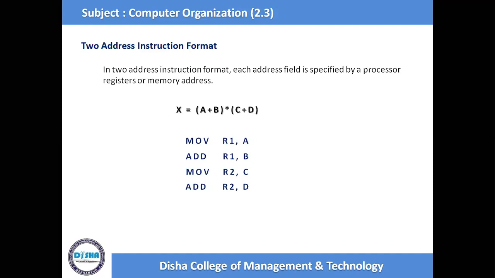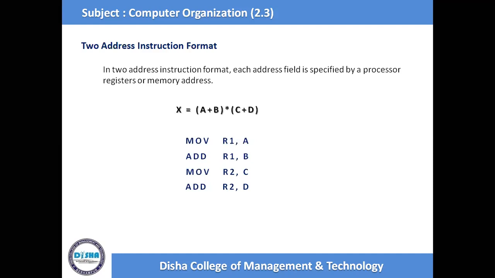Now we have already done A plus B and C plus D. Then the next operation should be the multiplication. For that we need the opcode MUL, and we already have the result A plus B in R1 and the result C plus D in R2.